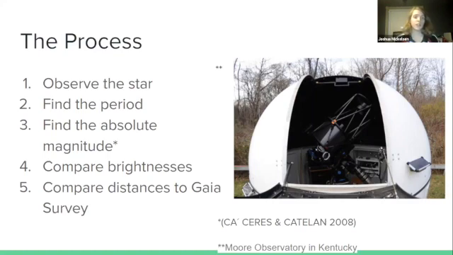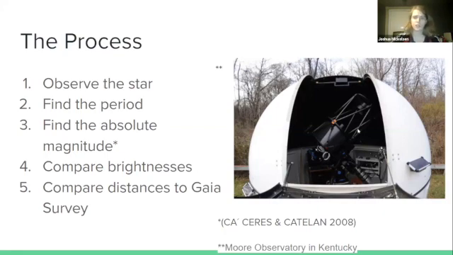Once we find the absolute magnitude, we can compare it to the apparent magnitude. That comparison allows us to find the distance to the star once we compare the brightnesses. And when we do that, then we are able to compare it to the Gaia survey.